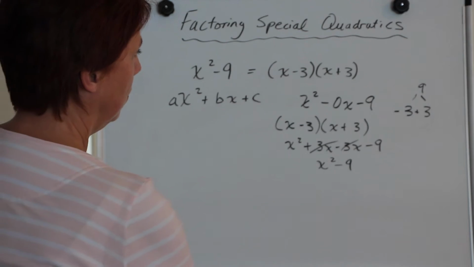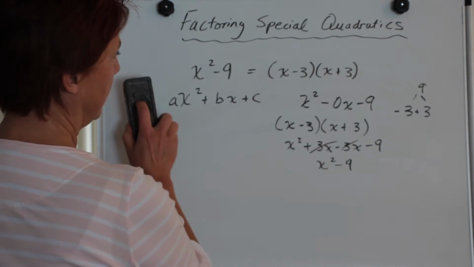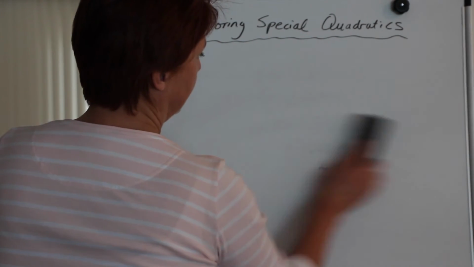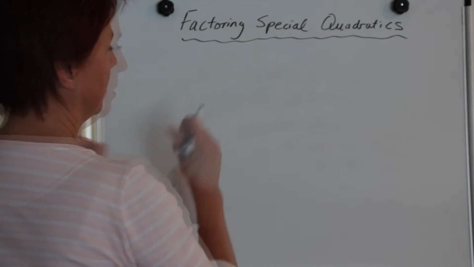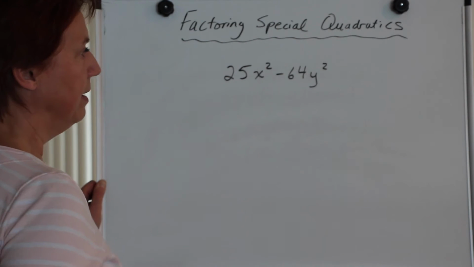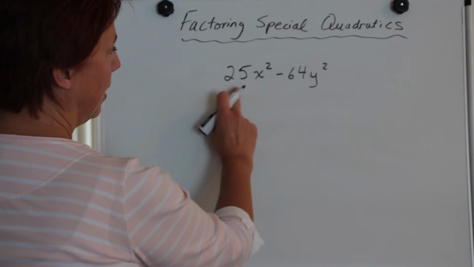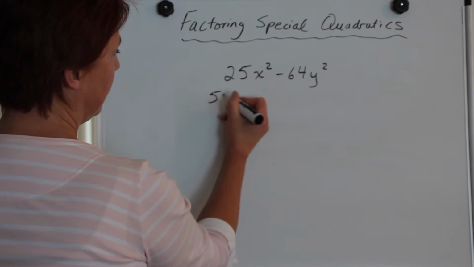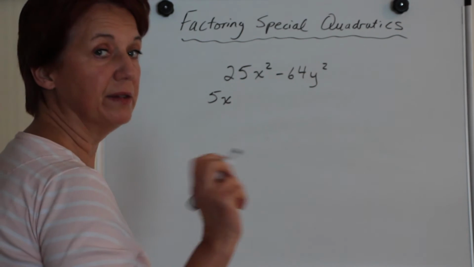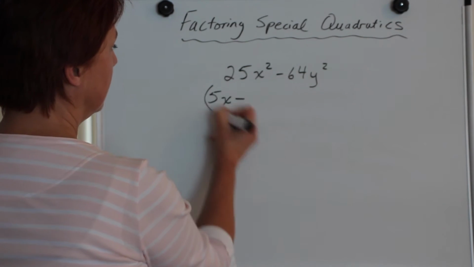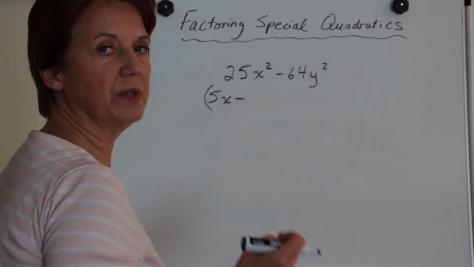Let's look at some more examples. How about this one here? So again, it's the same pattern. It's a squared minus b squared. The square root of the first term is 5x. We can put a minus or a plus, it doesn't matter. The square root of the second term is 8y.